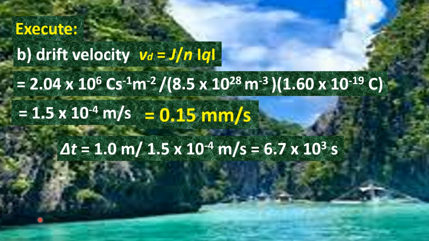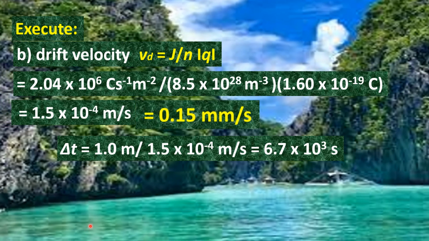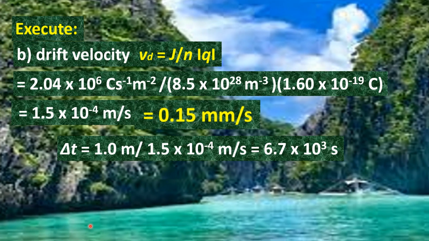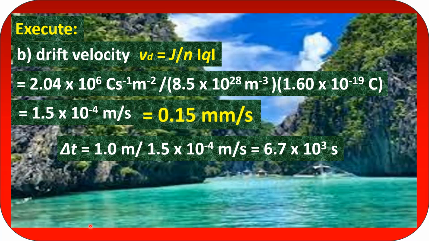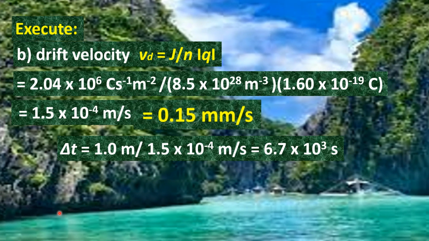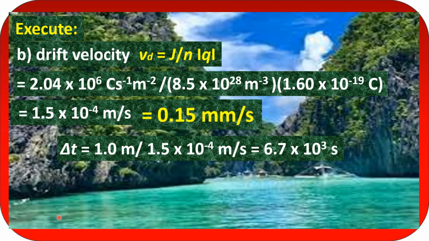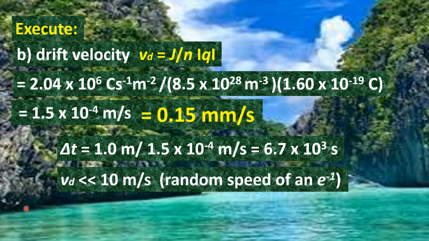This drift velocity means that an electron would require 6,700 seconds, or almost 2 hours, to travel a distance of 1 meter along the wire. All right?